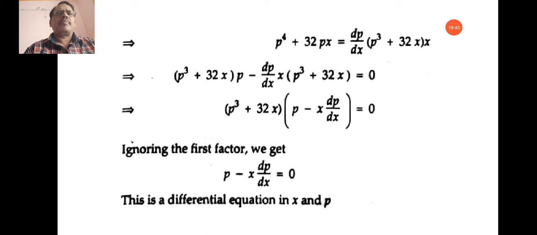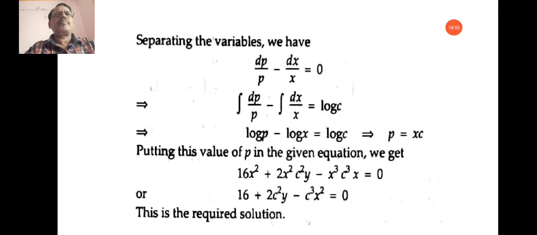So this is a simple differential equation, solvable by separation of variables. This is a differential equation in x and p. After separating the variables, we have dp by p minus dx by x is equal to 0.